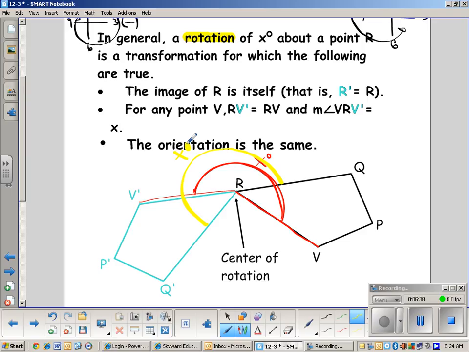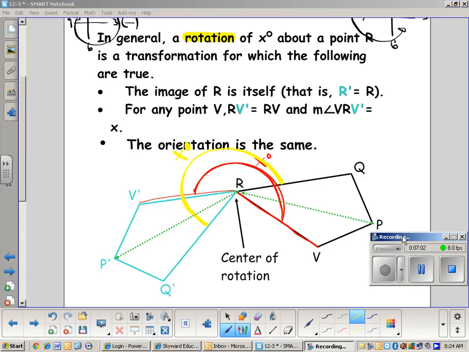And if Bradley says, well, I want to go RP, well, RP's not really drawn there, is it? So if we put this line in, RP, this line here, RP prime, then this angle from here to here would also be X degrees.